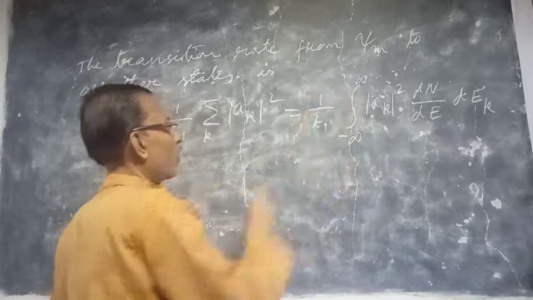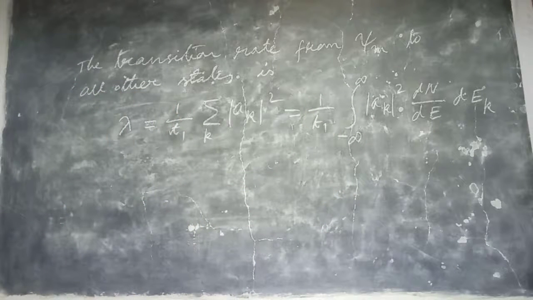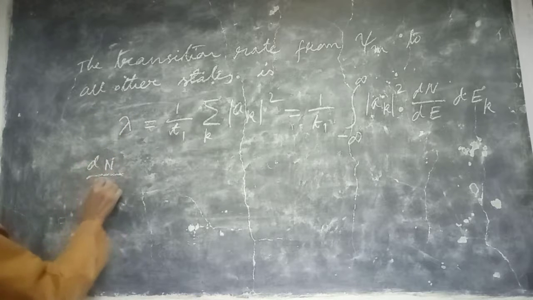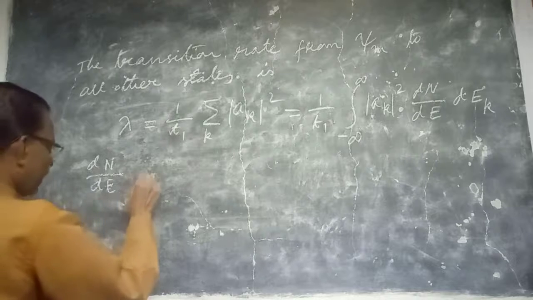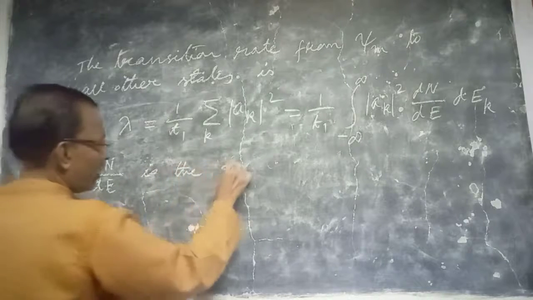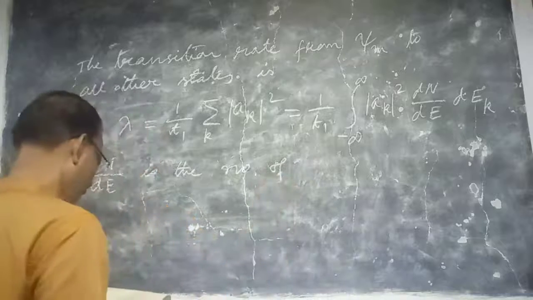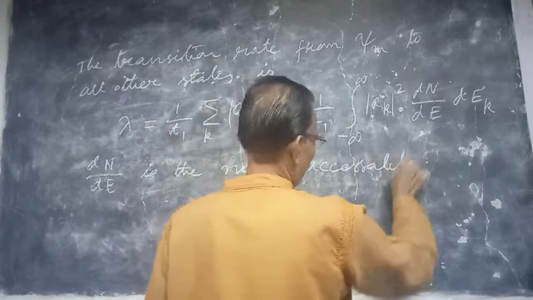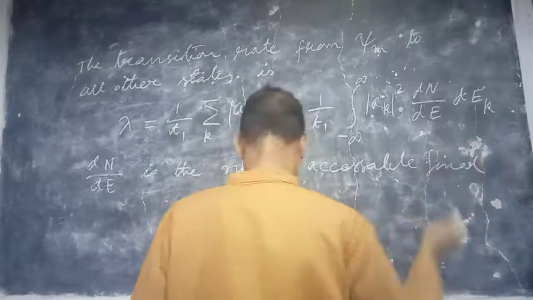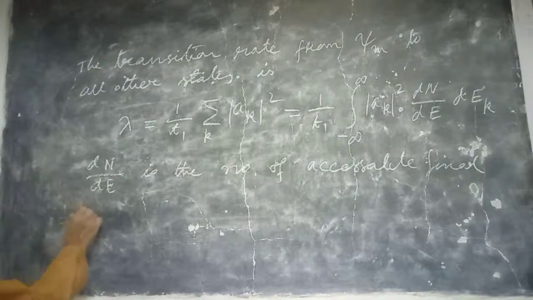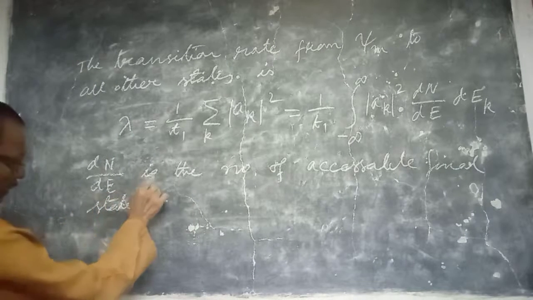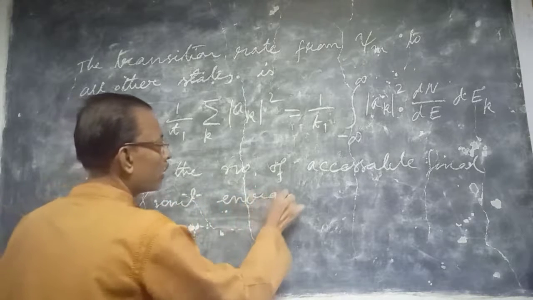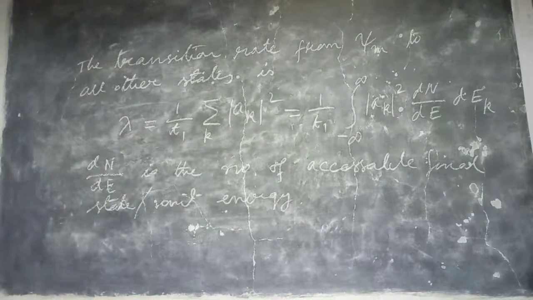So you have to integrate over this, and dn by dE is the number of accessible final states per unit energy, or the energy density of states.